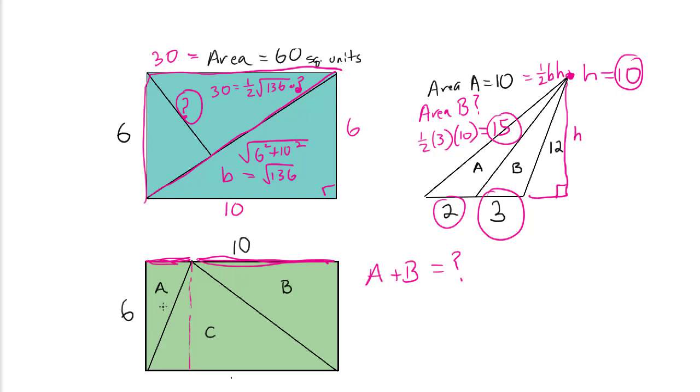So I don't know individually what A is, and I don't know individually what B is, but combined, they must be 1/2 my rectangle area. They're going to be 1/2 the combined base, which is 10, my length of my rectangle, and the perpendicular height of each of those triangles is the width of my rectangle, 6. A plus B must be 30 square units.